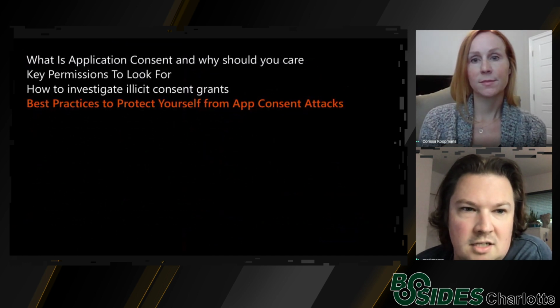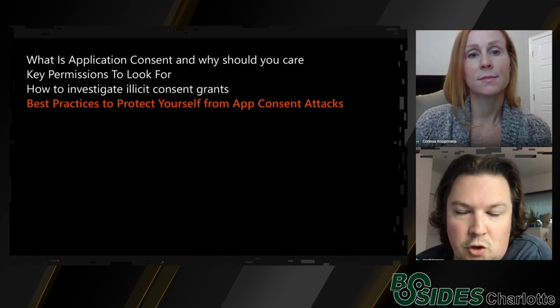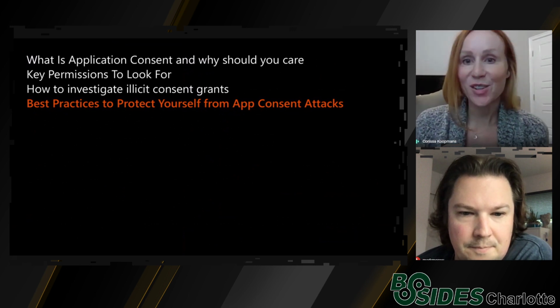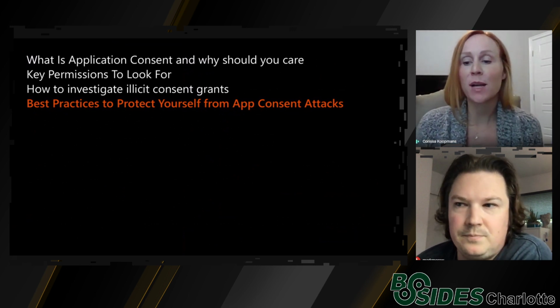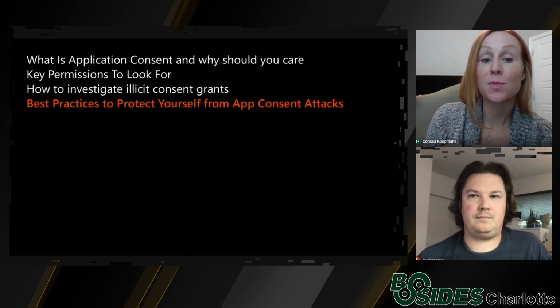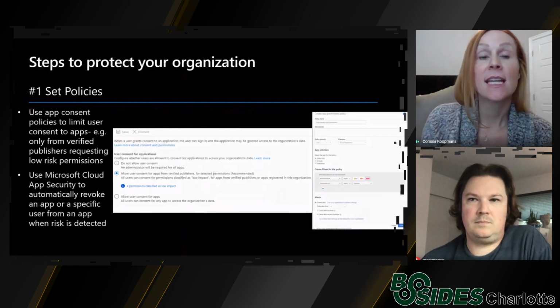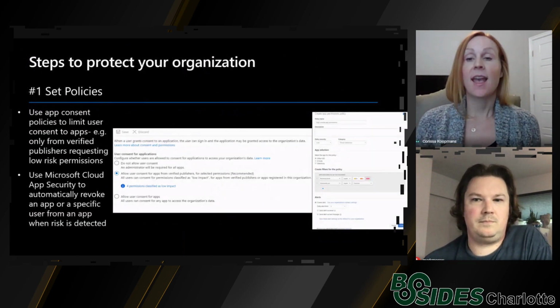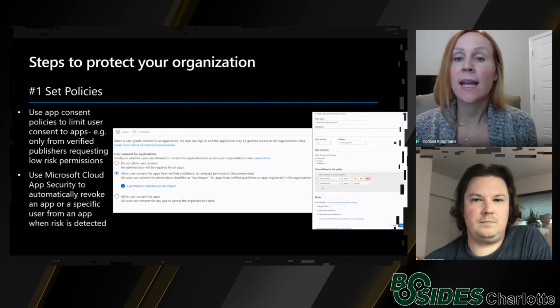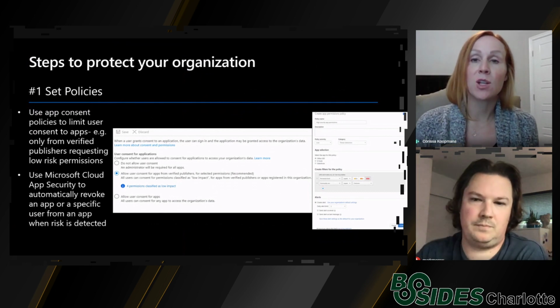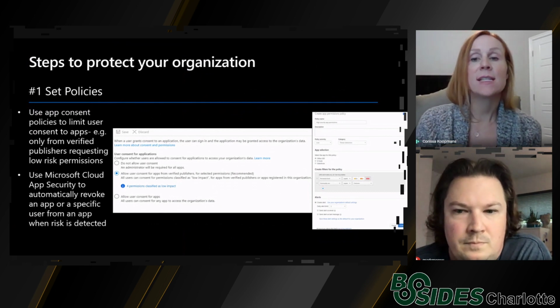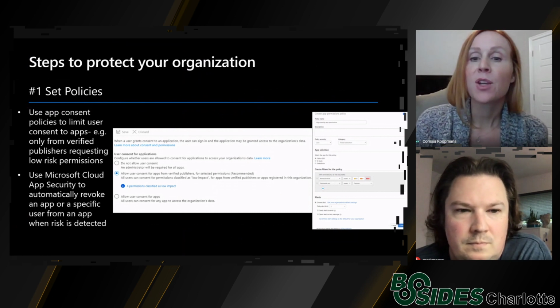And with that, Corissa is going to cover some best practices that we can follow going forward. Yeah, so thanks, Mark. One of the first best practices that we're recommending to protect yourself from app consent attacks is to set up some policies. Inside the Azure portal, you can decide who can consent to applications within your organization. As you can see in the screenshot on the left, you have 3 buttons.